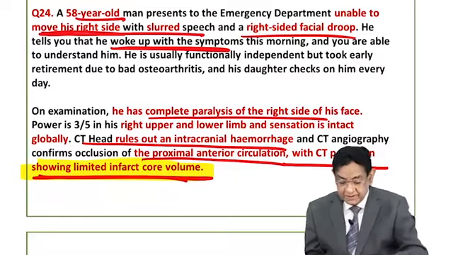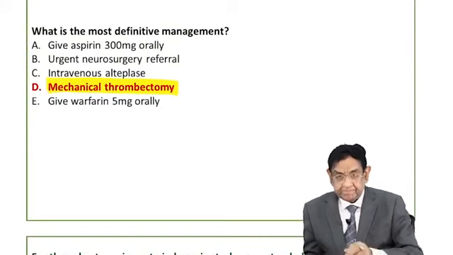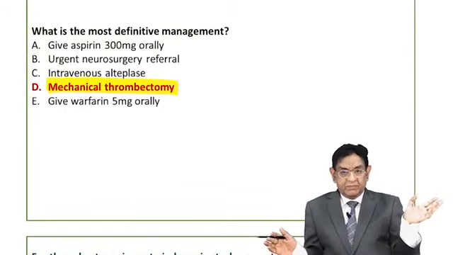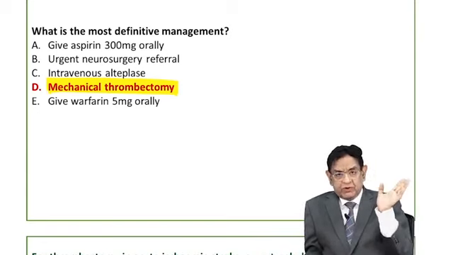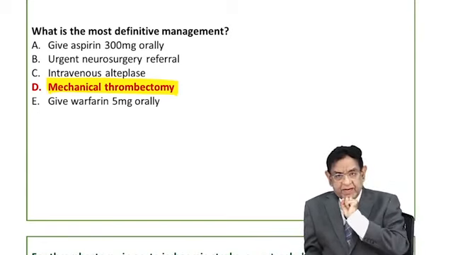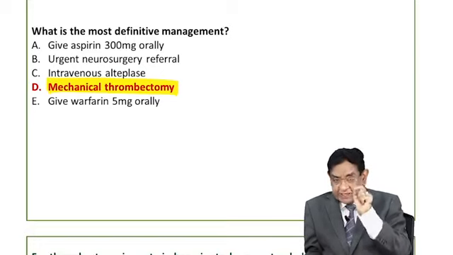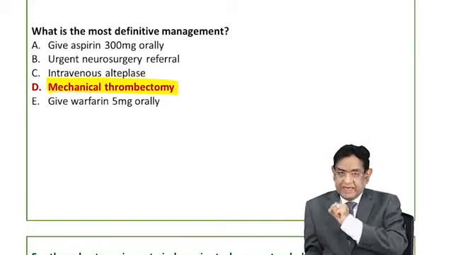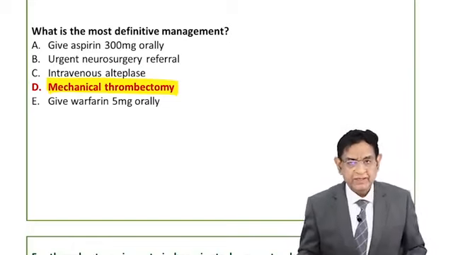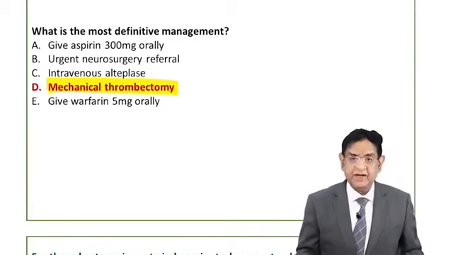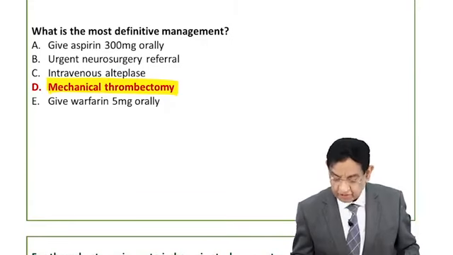Long time, so the best answer shall be thrombectomy. We have to save the brain because there is salvageable brain tissue. Within 4.5 hours, go for thrombolysis, and after that, go for thrombectomy.